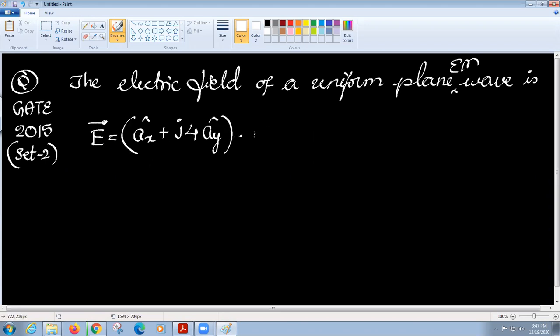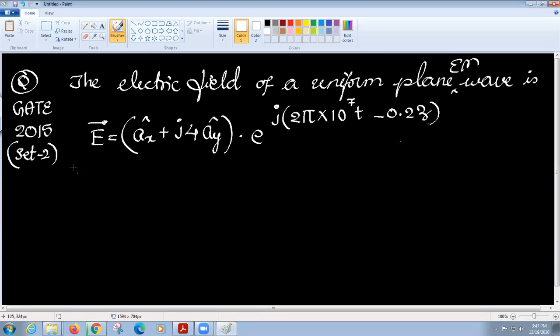All right, and it's given to you like this: e power J 2 pi 10 power 7t minus 0.2 z.